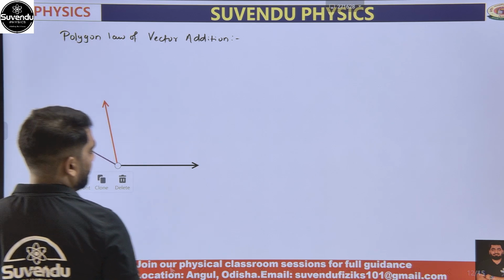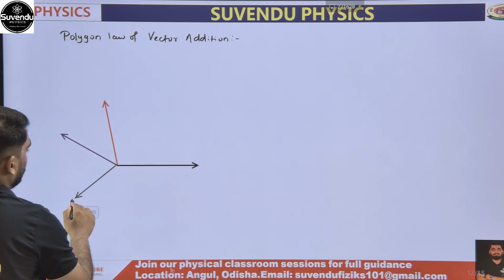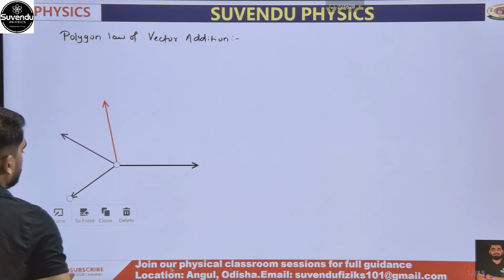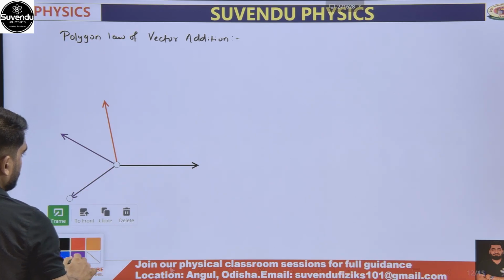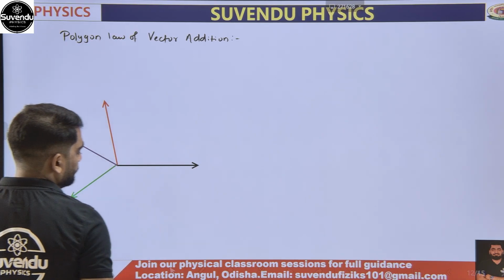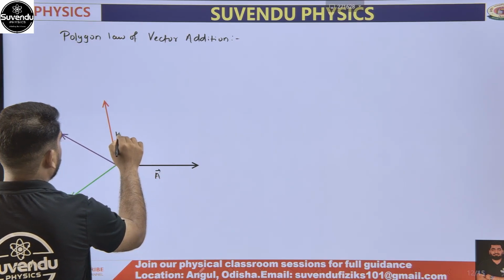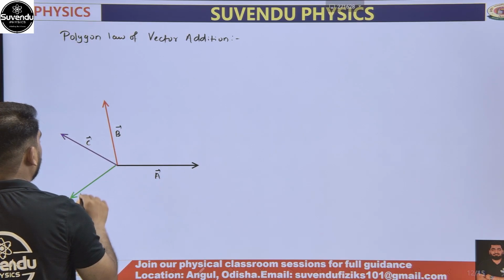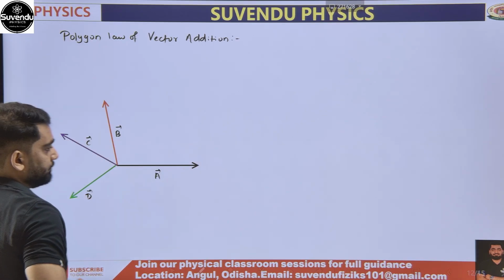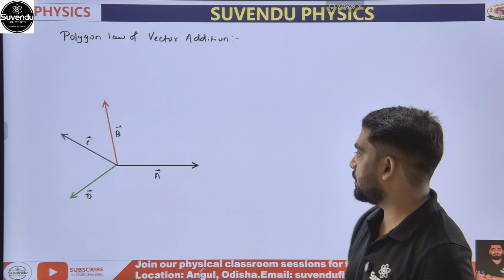And this one is another vector. Ready? This is a vector. This is suppose b vector. And we have to add all these vectors, that is, more than two vectors are there.